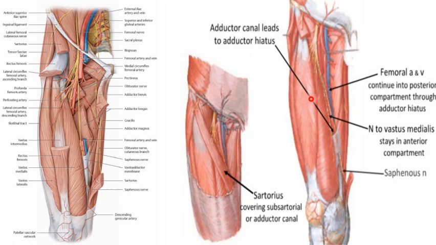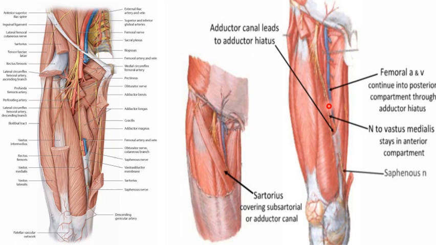Here all the muscles of the thigh are present. This is the fascia lata. Once you remove the fascia lata, the muscles of the front of the thigh are exposed. Here the sartorius is being cut to show the course of the femoral artery through the adductor hiatus.